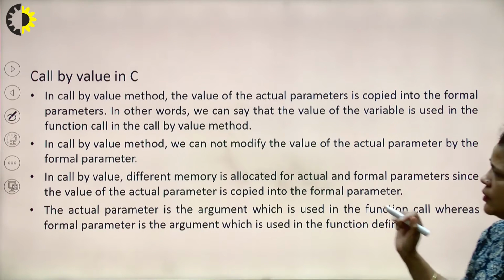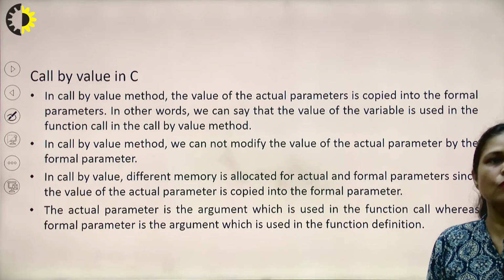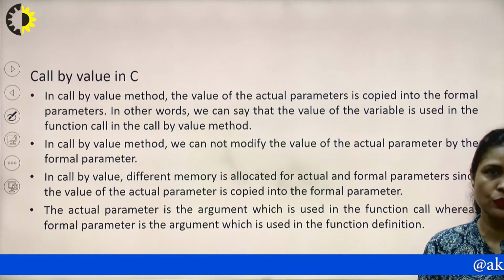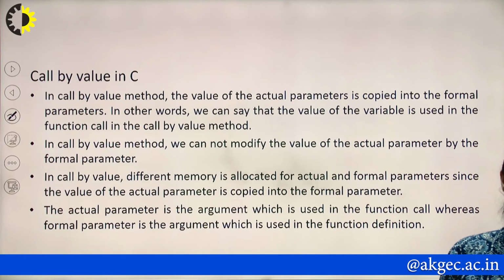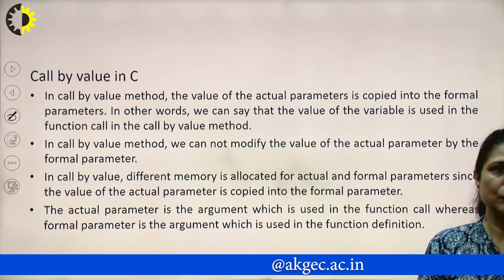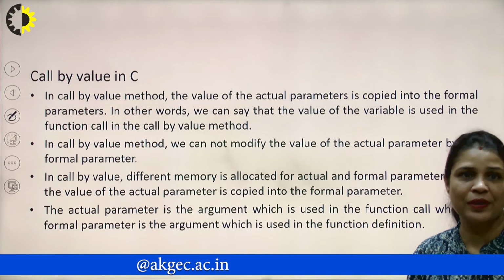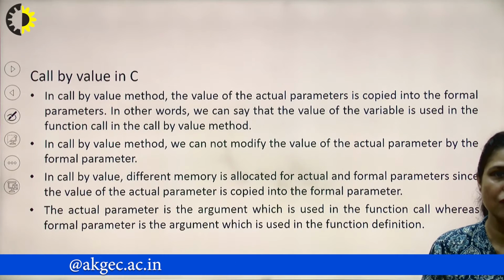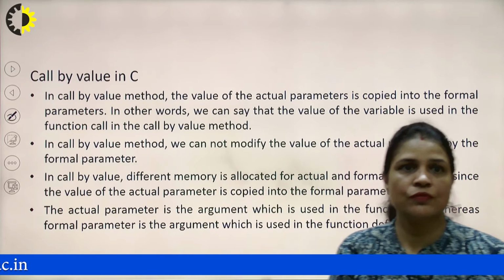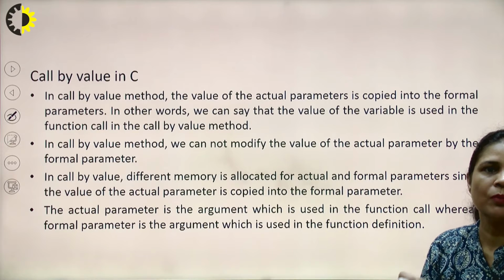In this method, the value of the actual parameter is copied to the formal parameter. In the previous examples also, we have understood the concept of actual parameters and formal parameters, right? We can say that using the value of the variable in the function call is known as call by value.